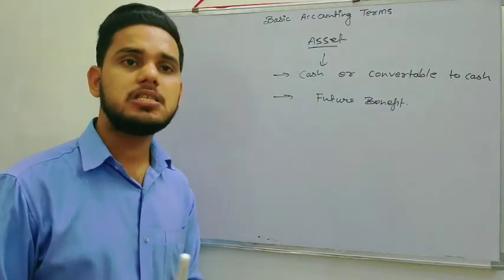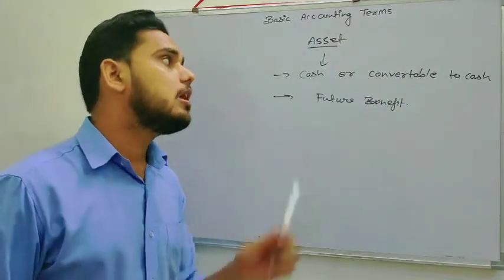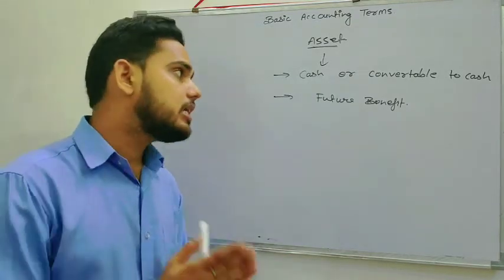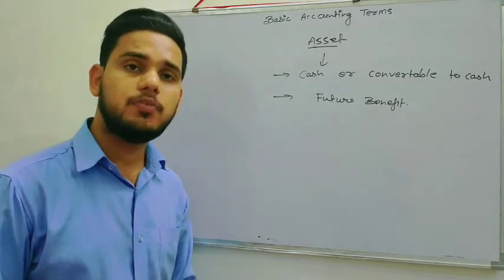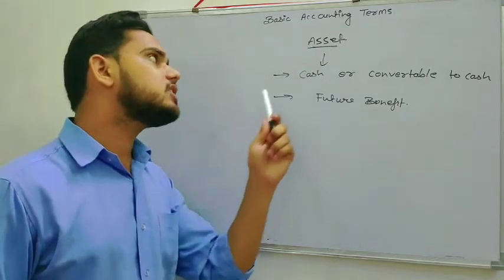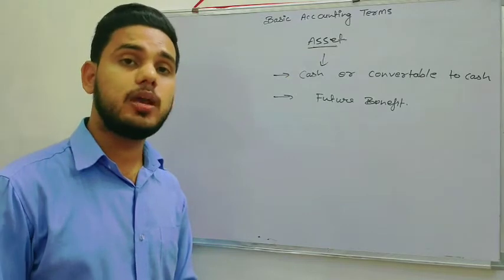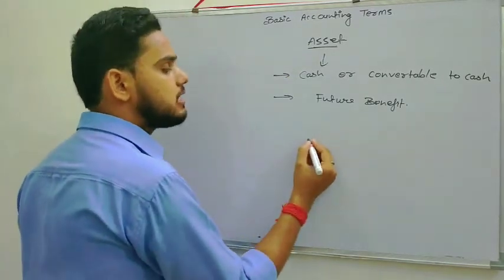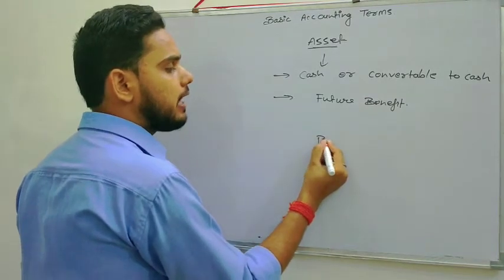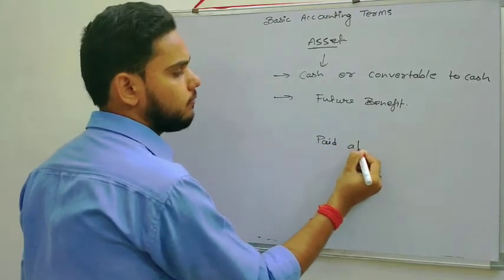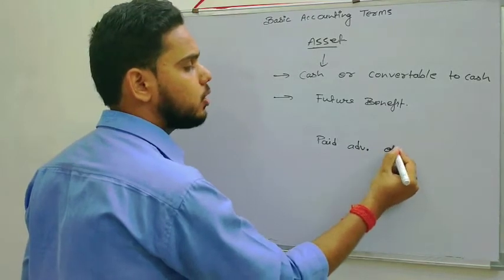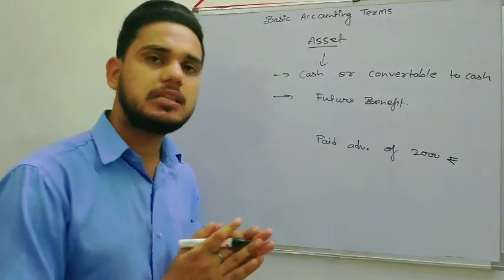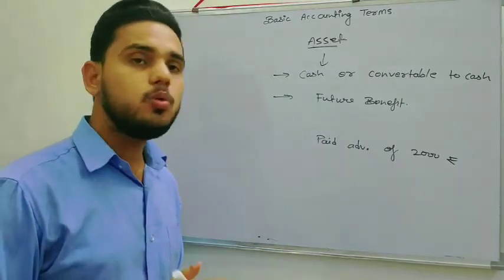Sometimes in your business there are things which are neither cash nor convertible to cash, still there is some future benefit involved in that thing. That's why we classify that thing as asset. Now what are those things? Say for example, you paid an advance of 2,000 rupees to someone.